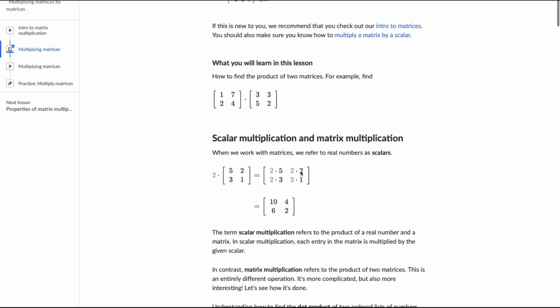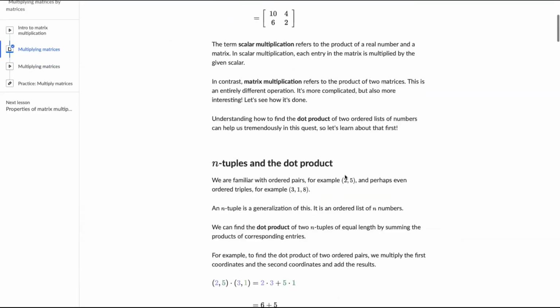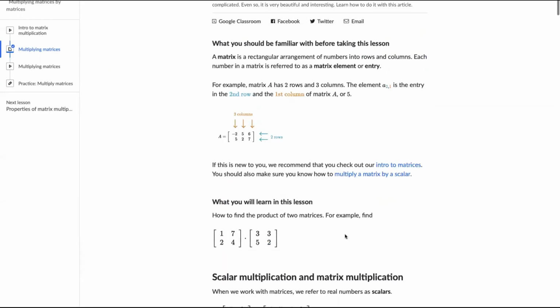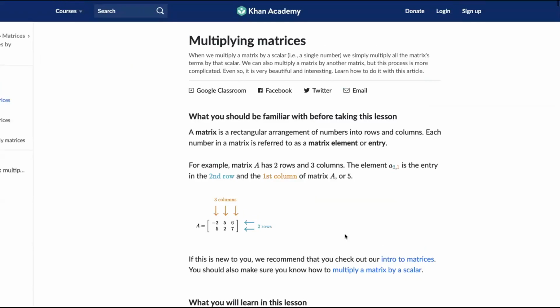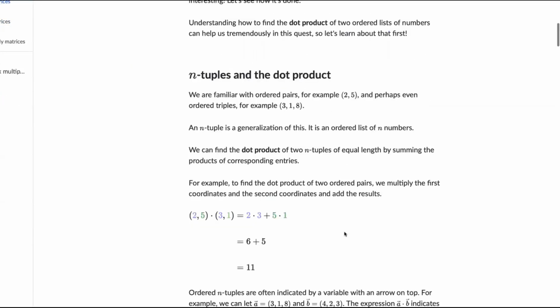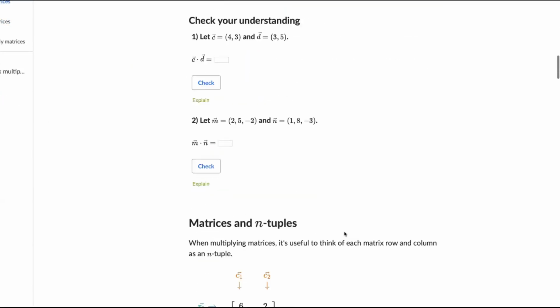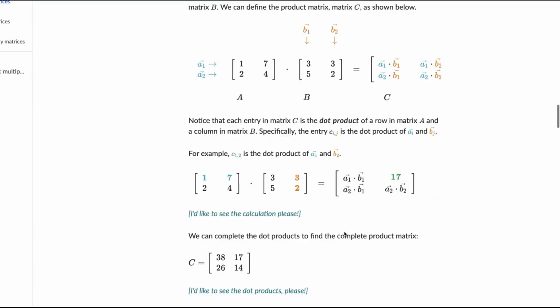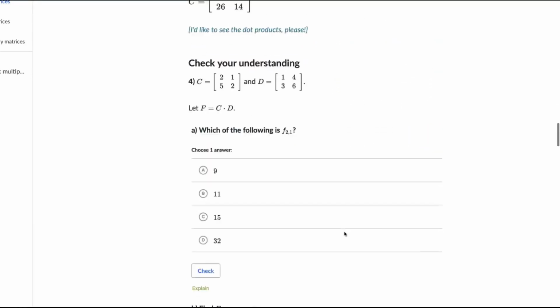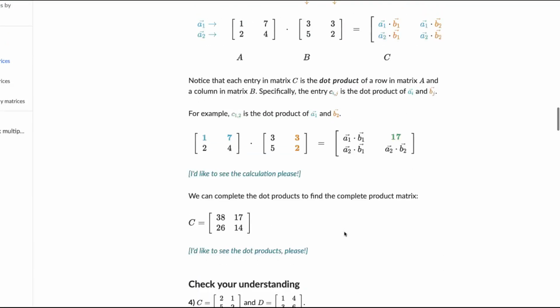Oh, okay. This one is scalar. It's kind of general, a general class that you have to answer.